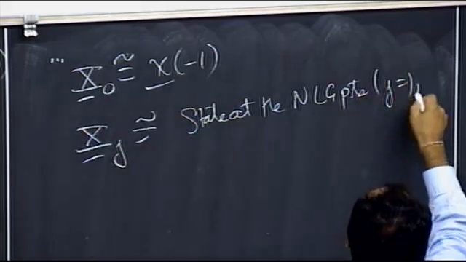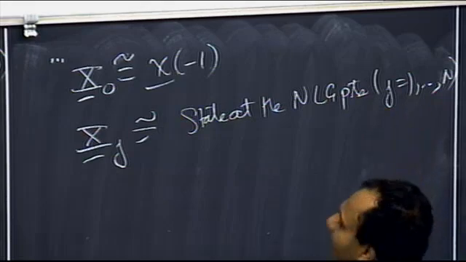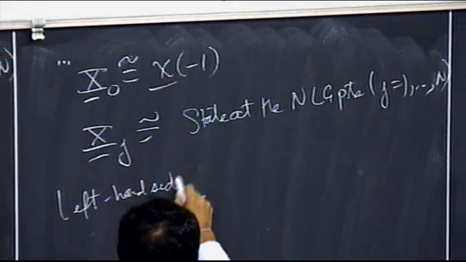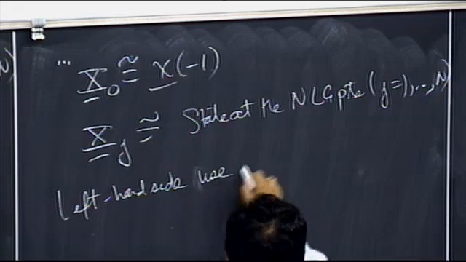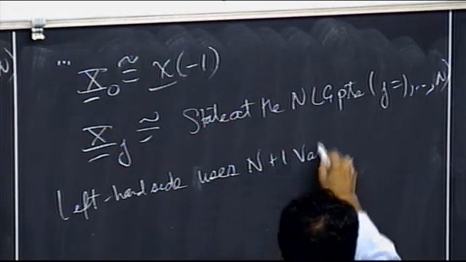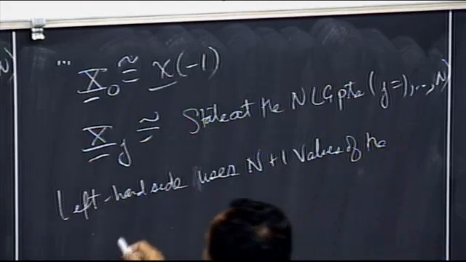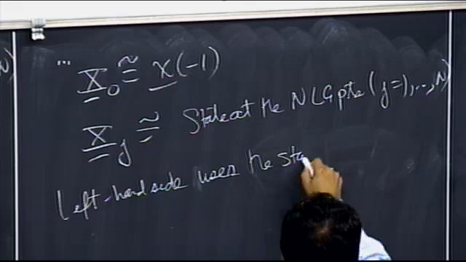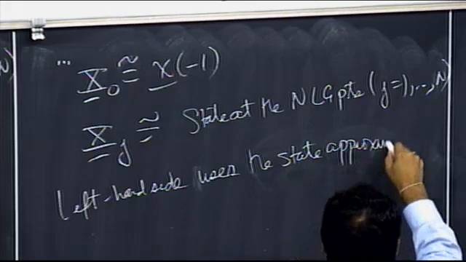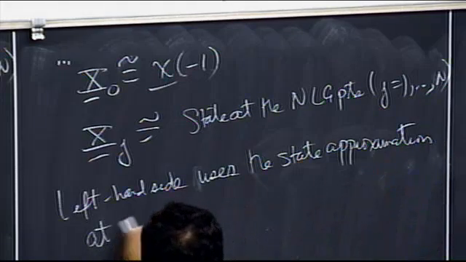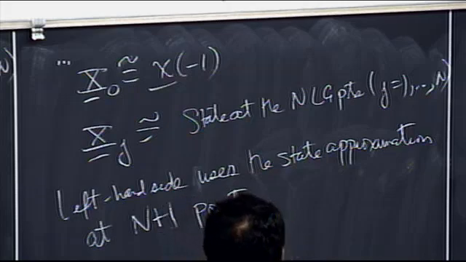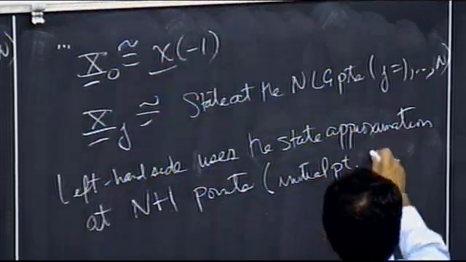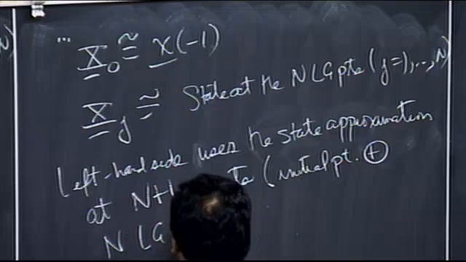And this is j running from 1 up to n, which means that the left-hand side uses the state approximation at n plus 1 points, where the n plus 1 points are equal to the initial point plus the n LG points.